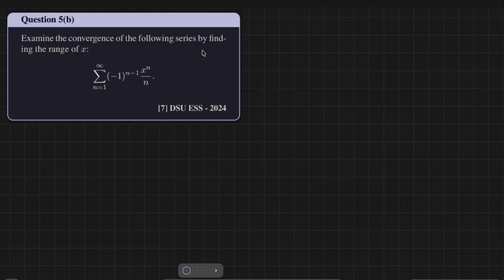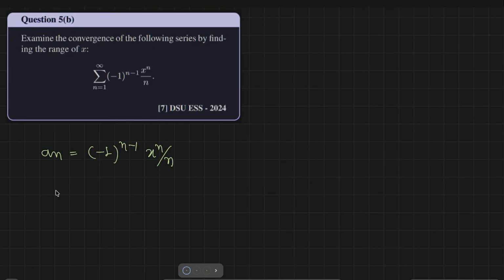Next come to this question. Examine the convergence for the series and find the range of x. Of course, it is very easy to find out. Find out the range. Here an is minus 1 power n minus 1, x to the n by n.